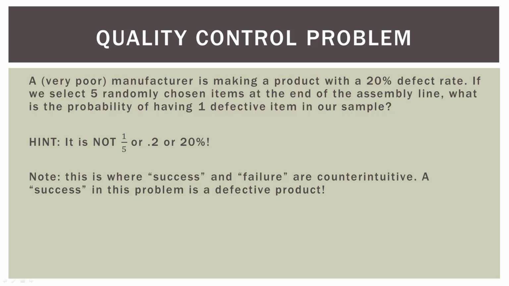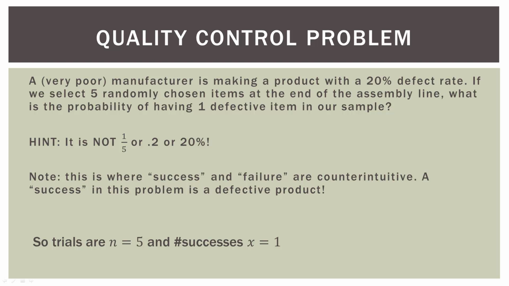So note, this is where success and failure are counterintuitive. In this example, a success is a defective product, because that's what we're interested in. So think of success as the item or characteristic of interest more than success, because in this case, the success is a defective product.